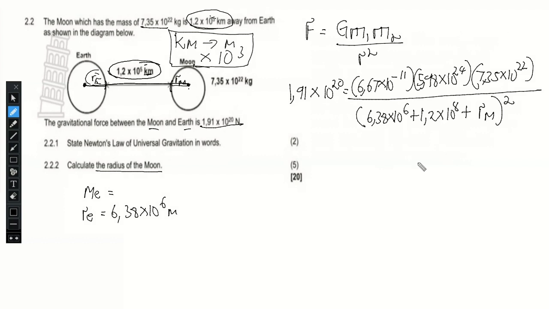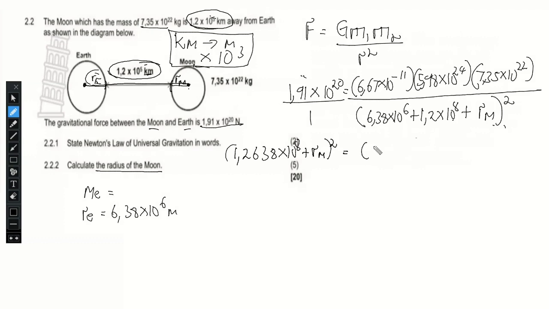So at this point, you can do your maths quickly. So add these ones and then cross multiply here. So basically what we will do here is just swap positions for this one, because this is similar to just having over 1. So if you want to make this the subject of the formula, your maths says you can just swap positions here. Then start by adding this. This will give us 1.2638 times 10 to the exponent of 8 plus the radius of the moon, and then square.